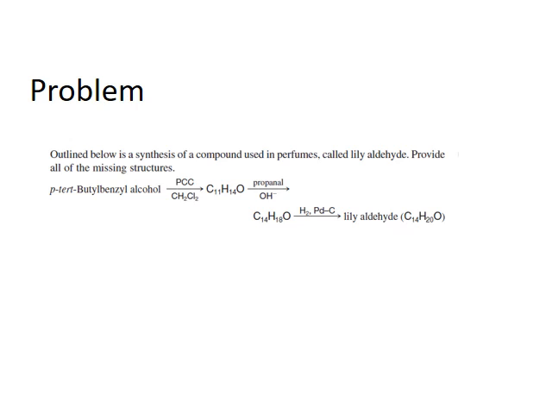Then we add propanal and sodium hydroxide. This is a crossed aldol reaction between an aldehyde which contains no alpha hydrogen and an aliphatic aldehyde.